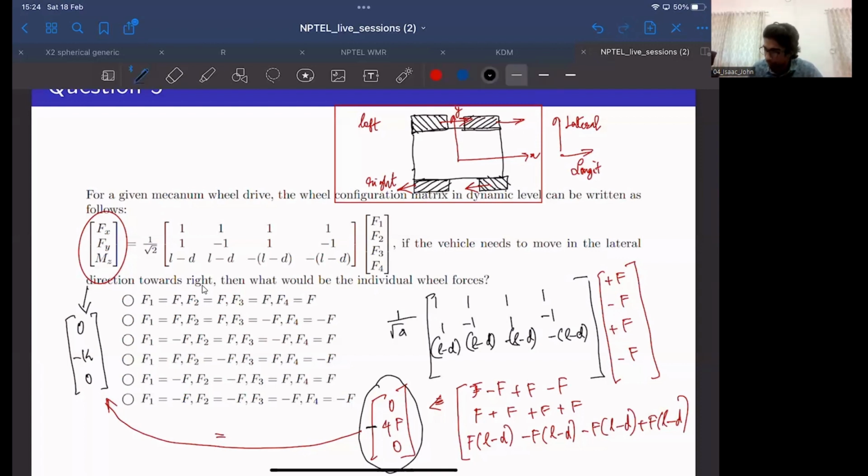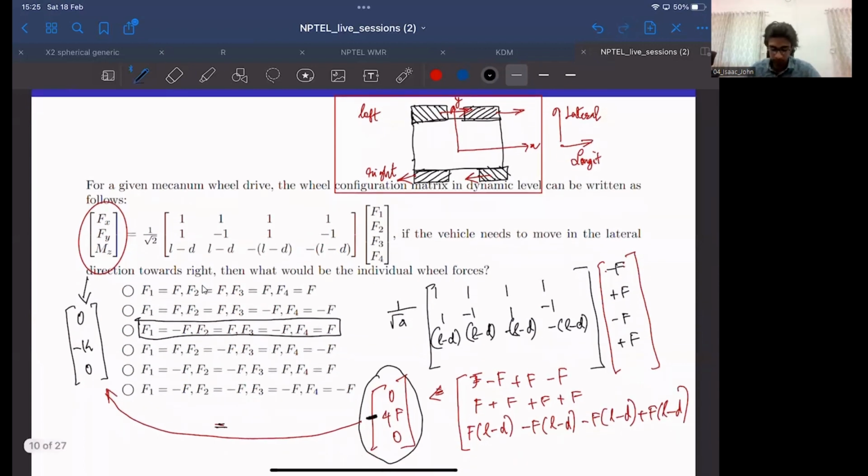So I think we were evaluating the fourth option, and the option that corresponds to the inverted sign would be option 3, option C. So the right answer would be minus F plus F minus F plus F. If you multiply this out, you will end up with a negative sign here. So that is exactly how we want our force vector to be. So in that regard, our correct option would be option C.